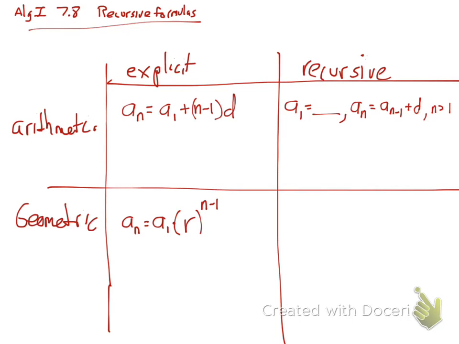Your first term will be given to you, because it's part of the formula. And a sub n minus 1 is the term before a sub n.